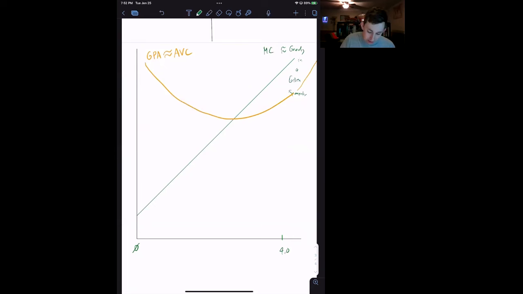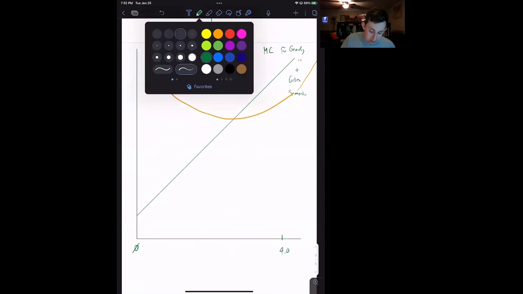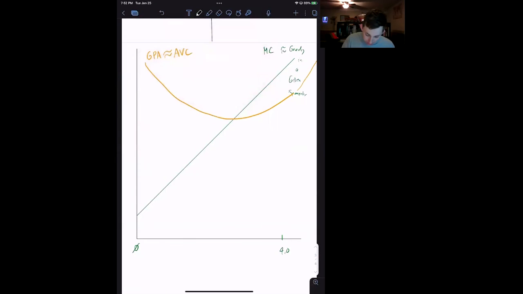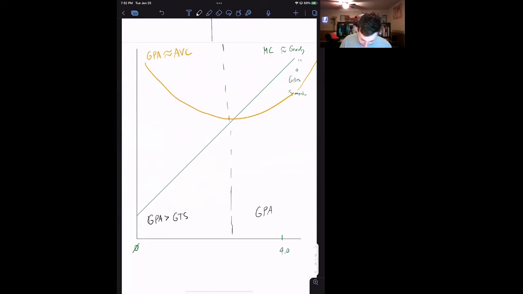Now, here's what I want to point out. Let's divide this graph into 3 regions. The first region is denoted with your GPA is above your grades this semester, or GTS. Over here, this is where your GPA is lower than your grades this semester.